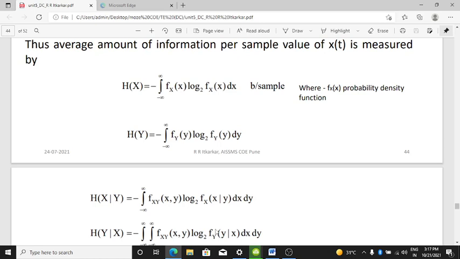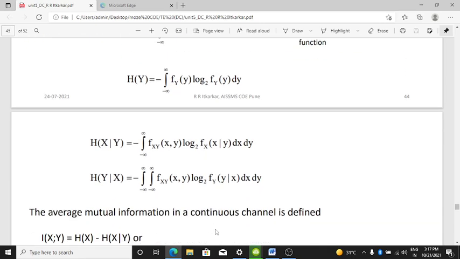H of Y is equal to minus integration from minus infinity to infinity of f Y of y log 2 f Y of y dy. H of X given Y is equal to minus integration from minus infinity to infinity of f XY of x comma y log 2 f X of x given y dx dy. Clear?